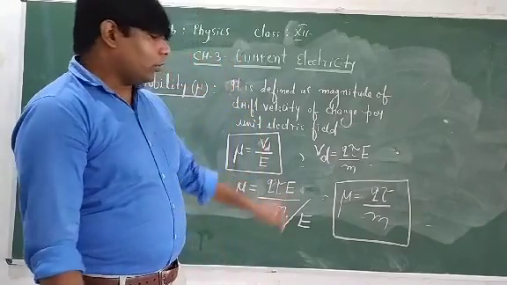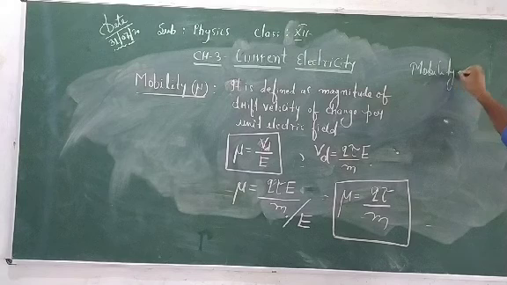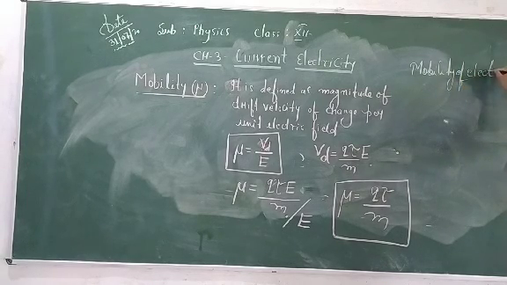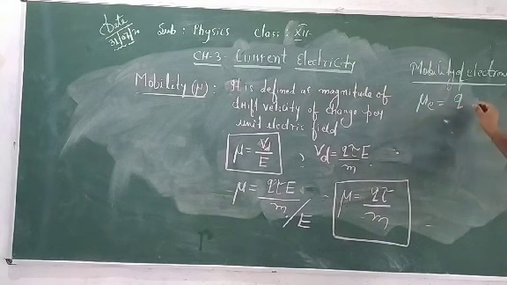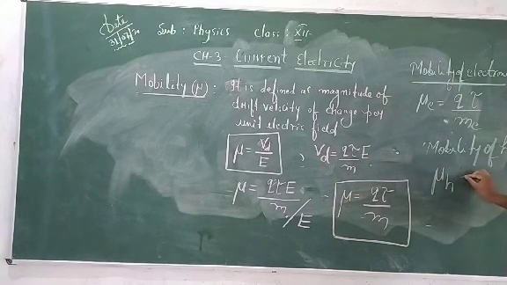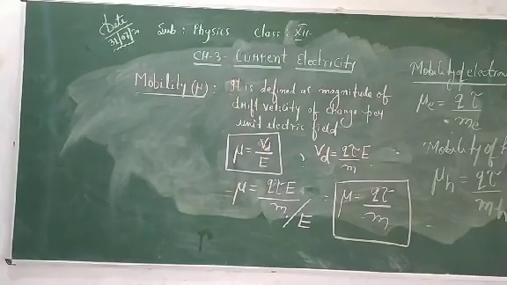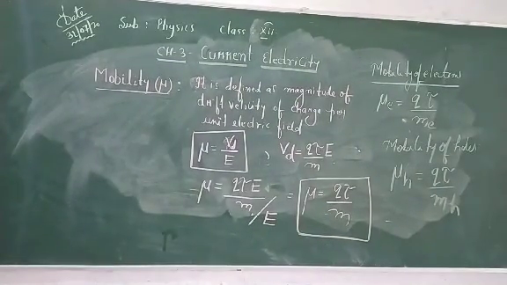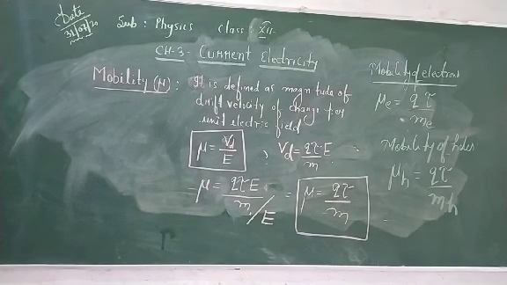So when we talk about the mobility of electrons, we write mu E, that is mobility of electrons equal to charge multiplied by relaxation time divided by mass of the electron.